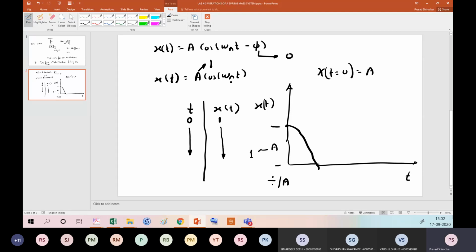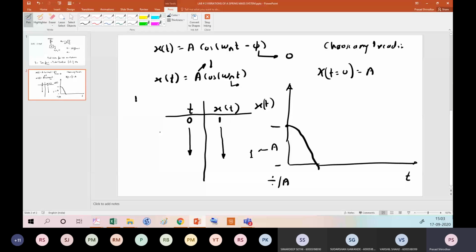You already know omega n, so choose any one reading, and generate a graph of t and x(t). Add small values incrementally to this 0, and correspondingly you get x(t), which will be cos of omega n t. Omega n is from your reading and t is from this column. You have to generate these values in Excel.